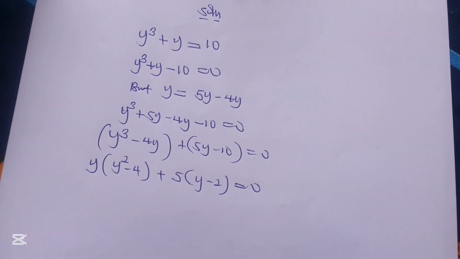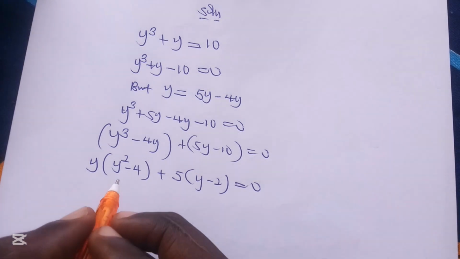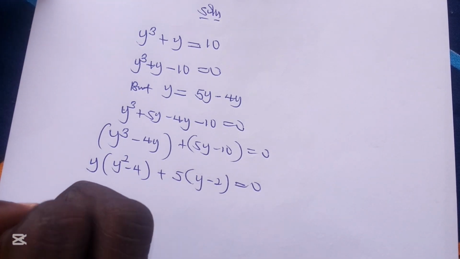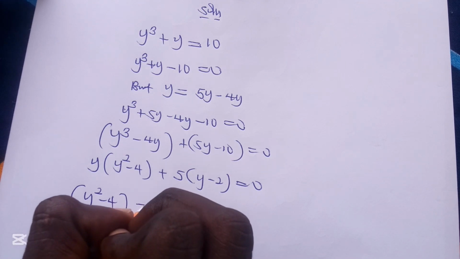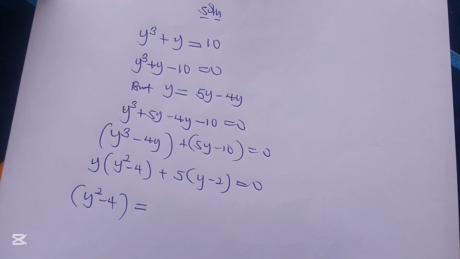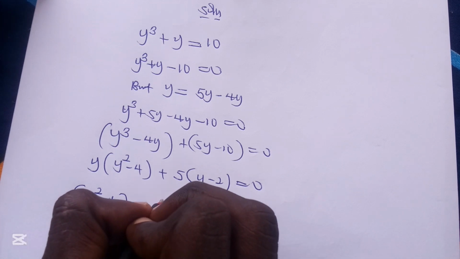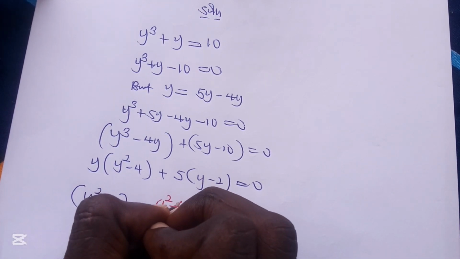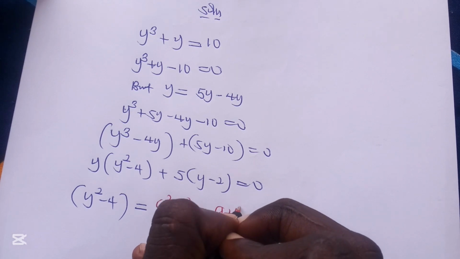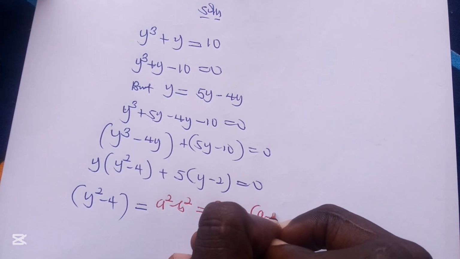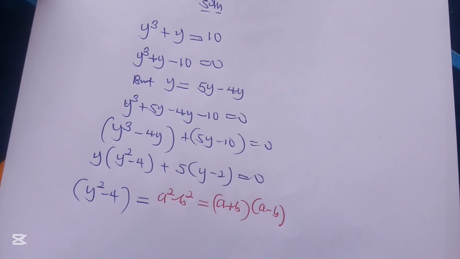Now from this point, we apply difference of two squares here. For y squared minus 4, we use difference of two squares, just like if you have a squared minus b squared, this equals a plus b into a minus b. So the same thing that we are coming to use here.